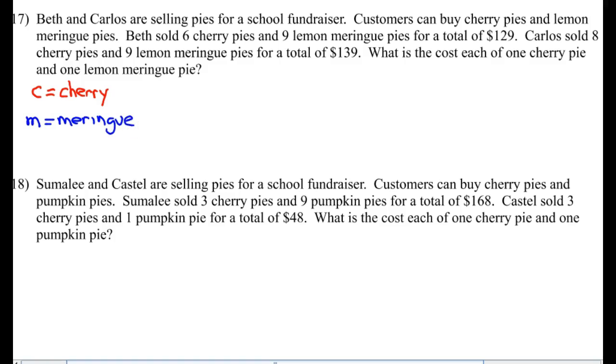Okay, so we have Beth, and we have Carlos. Beth sold 6 cherry pies, and cherry pies are C, so we'll say 6C, and plus 9 lemon meringue, so 9M, and that's $129.